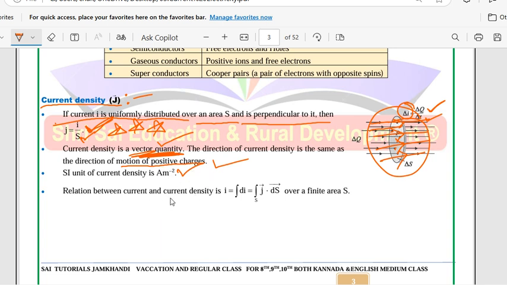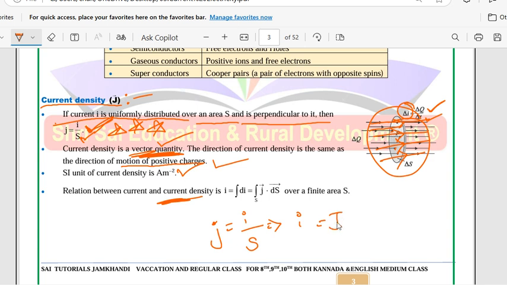Now, the relation between current and current density. I have the formula like this.